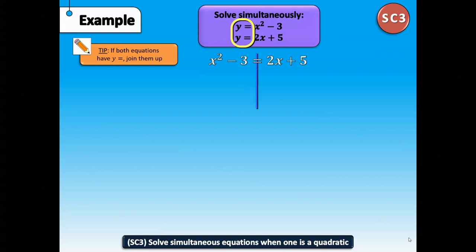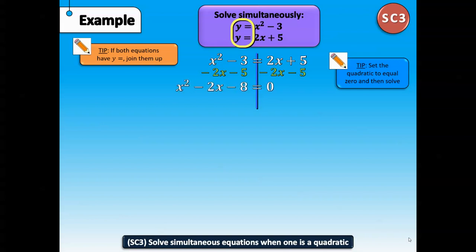So now I can solve it like I would any other equation. First of all, get it to equal 0. I can take 2x and minus 5 off both sides. So I get x squared minus 2x minus 8 equals 0.